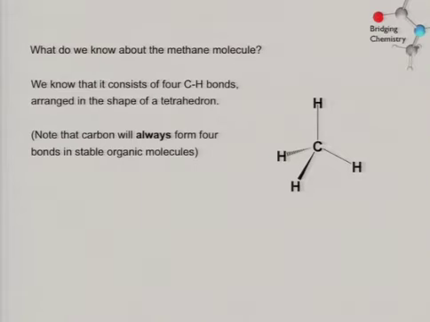In a stable organic molecule, carbon will always form 4 bonds. Right? In all of the organic chemistry that you do, if you are drawing out a molecule that has a carbon atom, that carbon atom should have 4 things attached to it. If it doesn't, then it's not going to be a stable molecule.